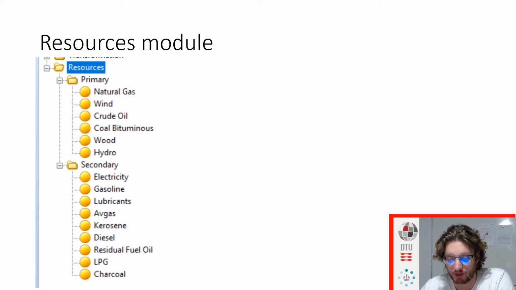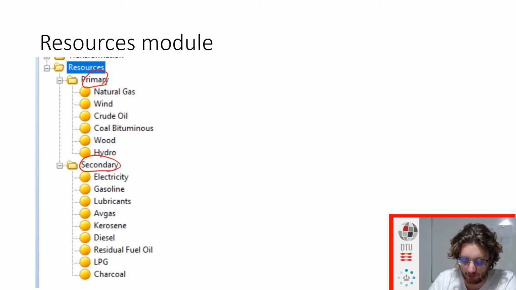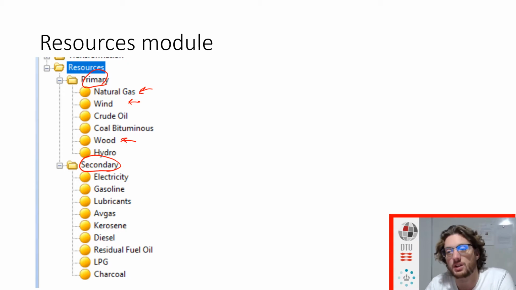So this is what the resources module looks like. You can see it's all our fuels divided into the primary and secondary fuels. If you look at the different fuels, you can kind of recognize how they're primary: either it comes from the ground in different ways, or it's a perfectly renewable resource, or it is primary wood, not treated wood.